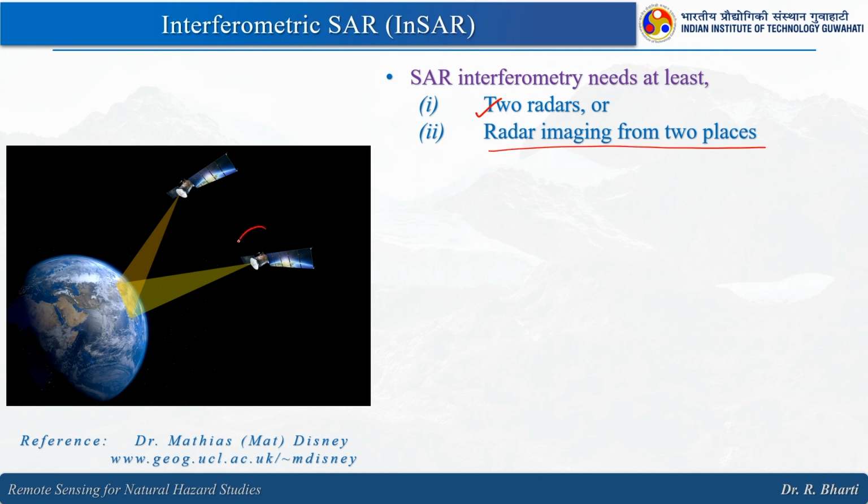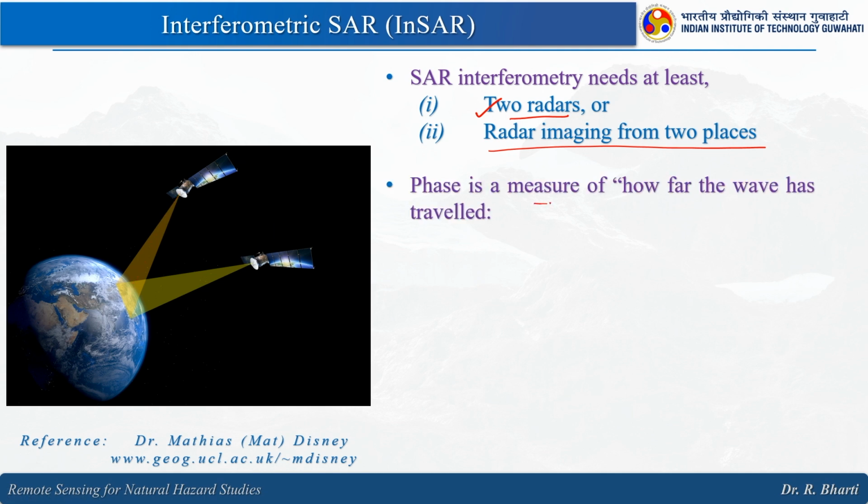So, remember, in the interferometric configuration we have a minimum requirement of two radars, and these two radars must be placed at different locations at the same time and should be looking at the same area. This is called interferometric configuration.